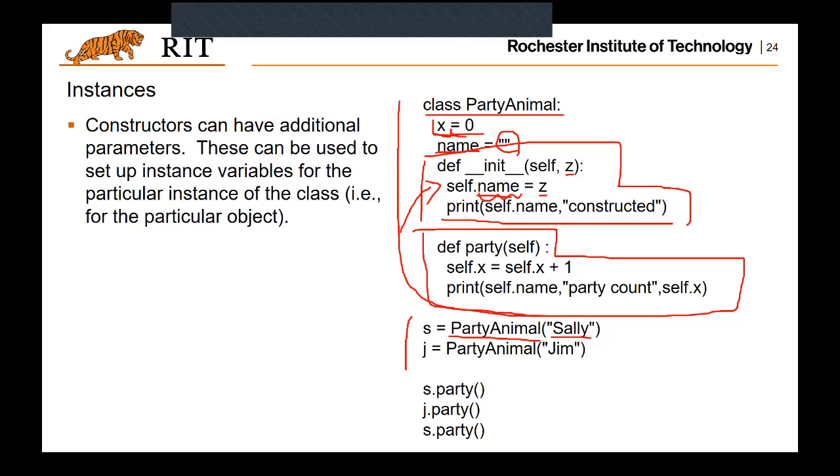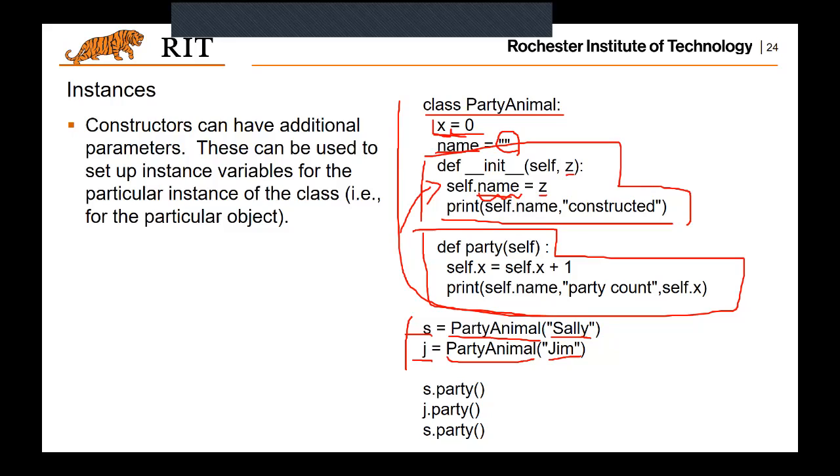After you complete all this, you will have this object assigned to variable S, right? Similarly, you create another object or instance with Jim as the name, and assign the object to variable J.